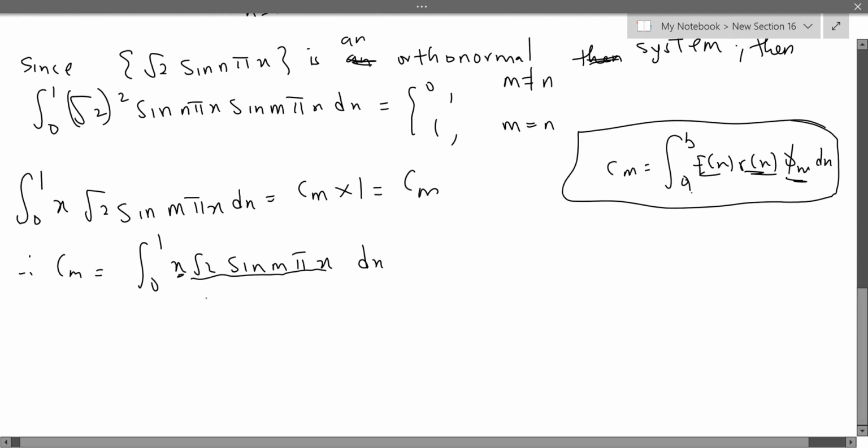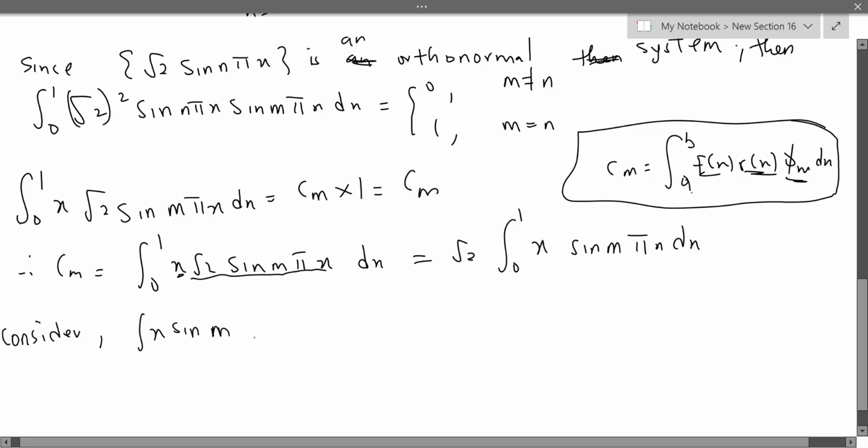The next thing to do is to solve that integral. Let's bring out this root 2, because it's a constant. Then you have the integral of x sine m pi x dx. To solve that integral, you will need integration by parts.